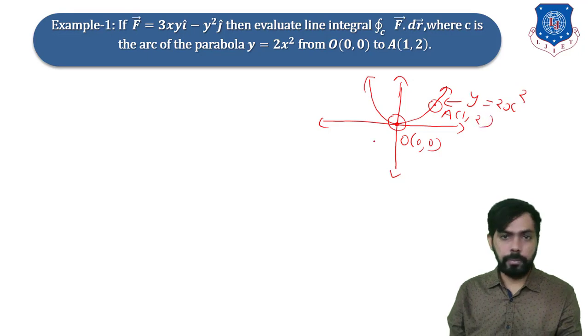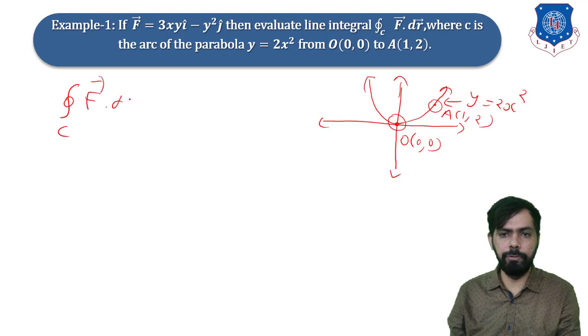The line integral is given by the integral of F dot dr, so it will be f1 dx plus f2 dy plus f3 dz. This we have discussed earlier.